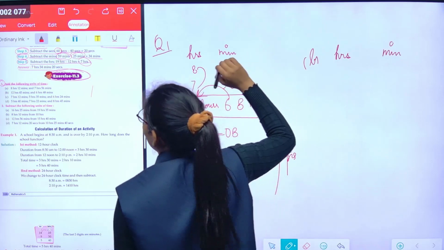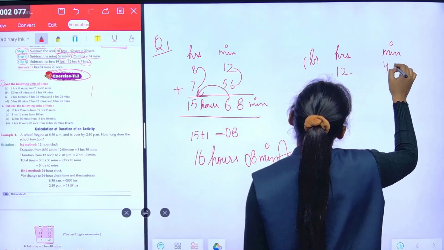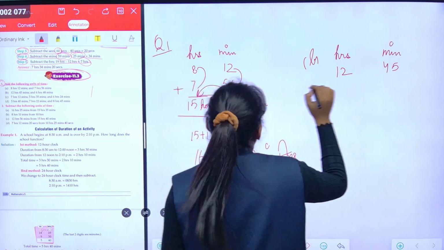Now 12 hours 45 minutes and 6 hours 48 minutes.